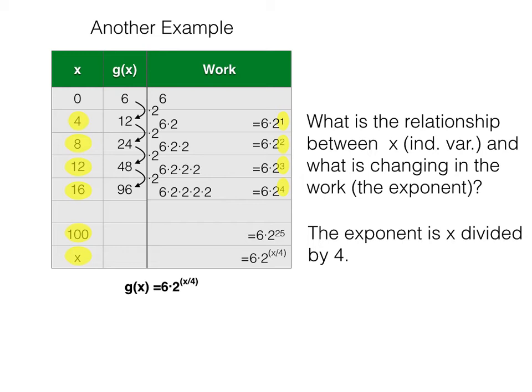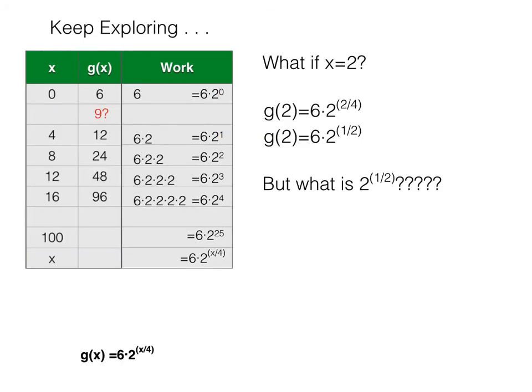But this brings up an interesting point, because what if we wanted to keep exploring? What if x was 2? Well, if x is 2, we should have 6 times 2 to the 1/2 power. Is that supposed to be 9? Because 9 is halfway between 6 and 12?